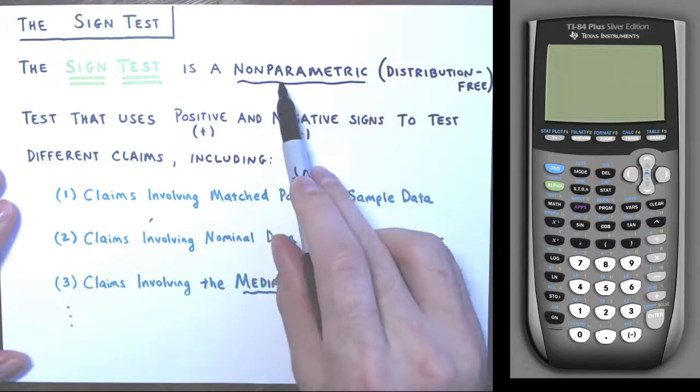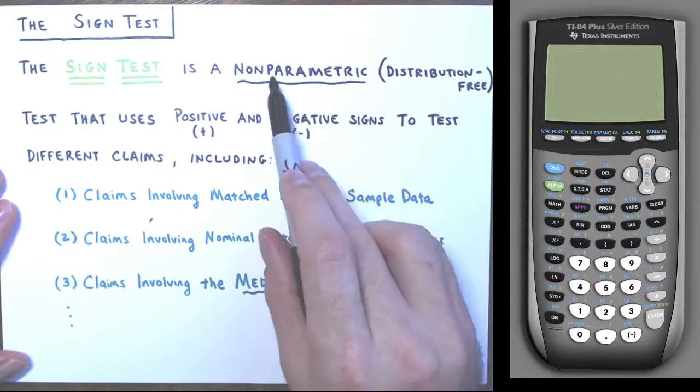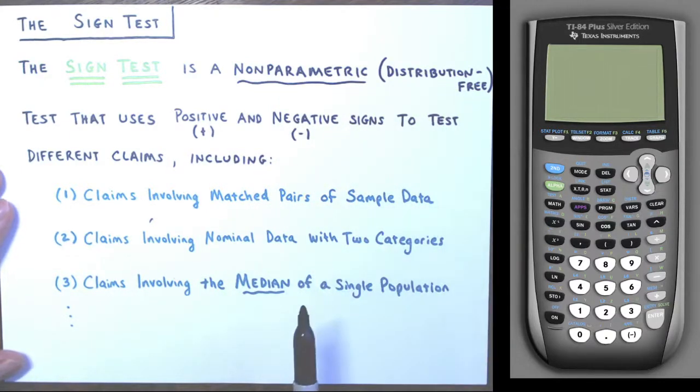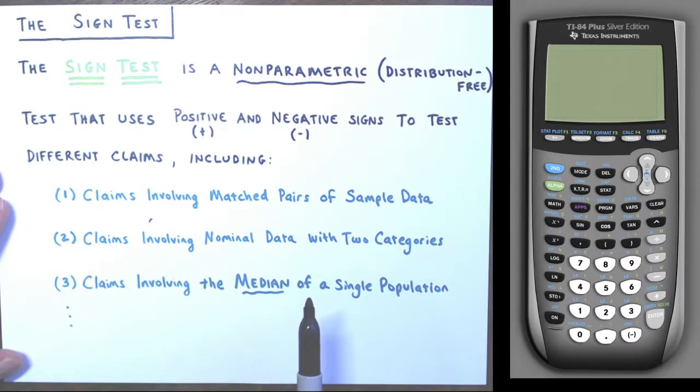So again, very often non-parametric is the most commonly used word for these kinds of tests. But distribution-free is probably a more appropriate title for the kind of tests we're running here, because you'll see there is a parameter involved, a median. So just be careful with that. But still, when you see non-parametric, that doesn't mean that parameters won't show up. I know it's kind of silly. It just means that you don't have to assume any particular distribution is being used.